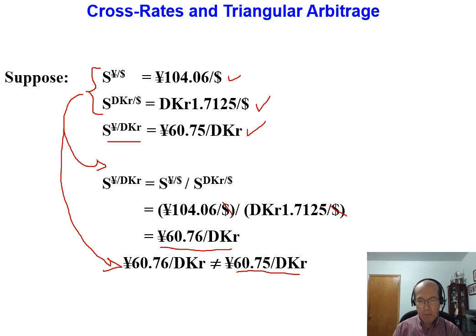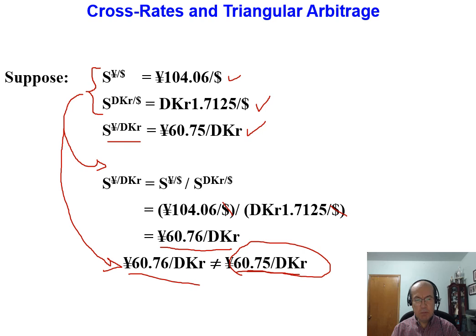So how can we take advantage of this arbitrage opportunity? What does disequilibrium show us? According to the exchange rate that we observe, it should take 60.75 Japanese yen to buy a Danish krone, but according to the implicit exchange rate, it should take more Japanese yen.